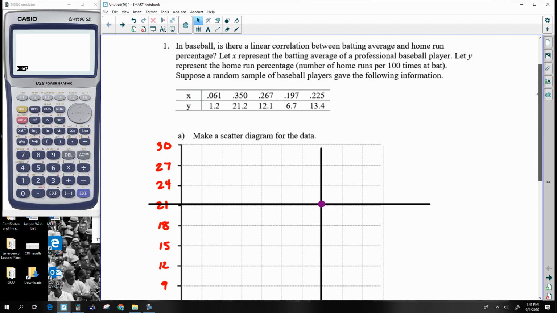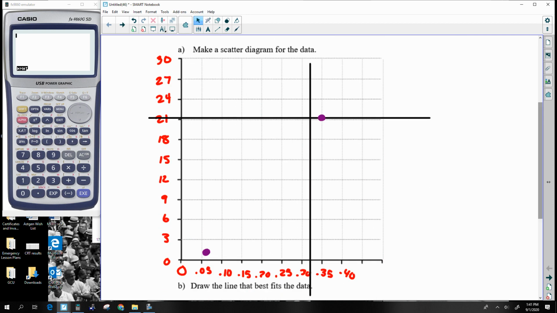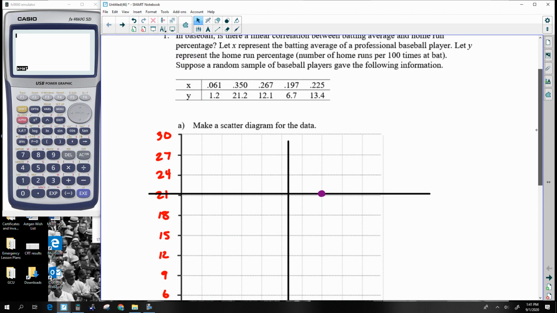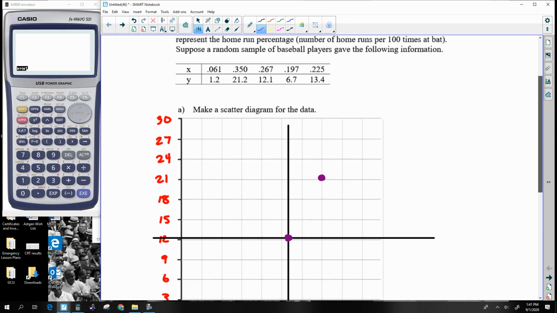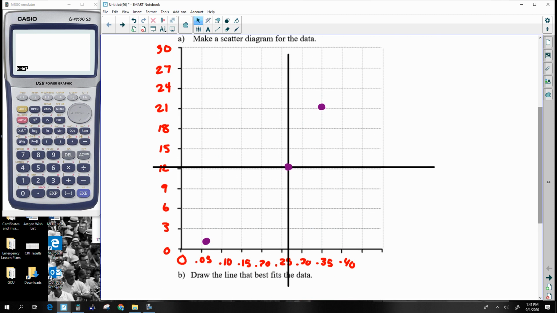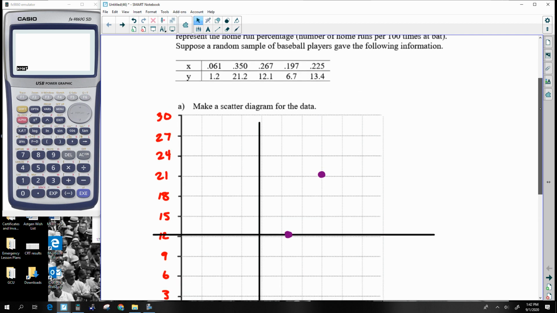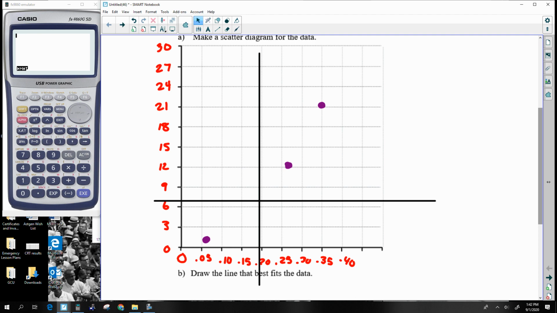Next, we have 0.267 and 12.1. Next, we have 0.197 and 6.7. That's 7, so 6.7. Sure, why not?